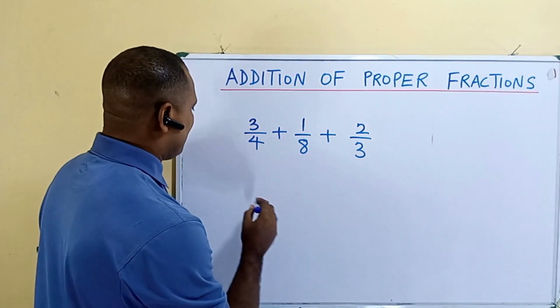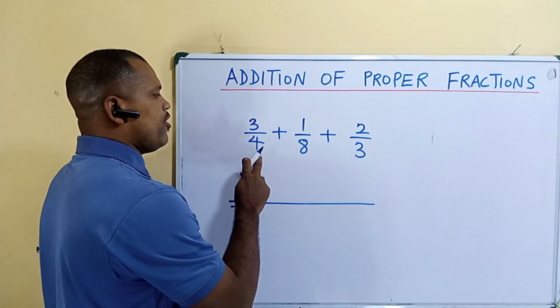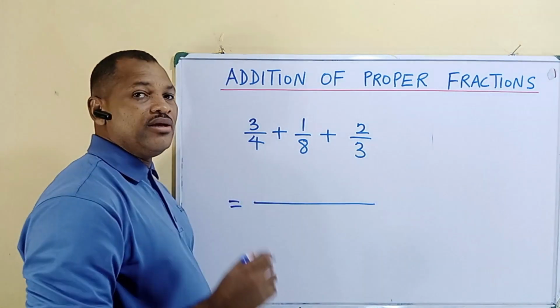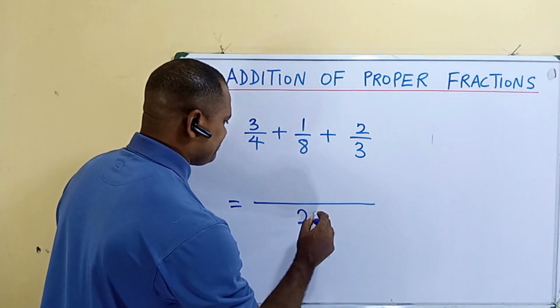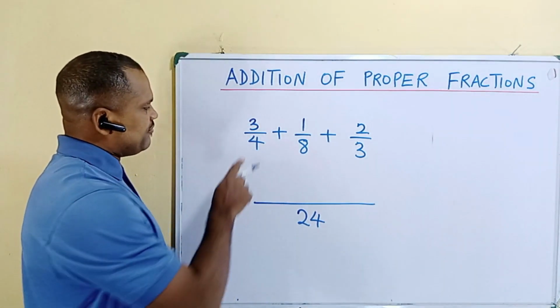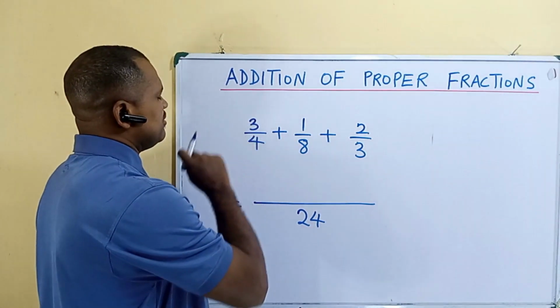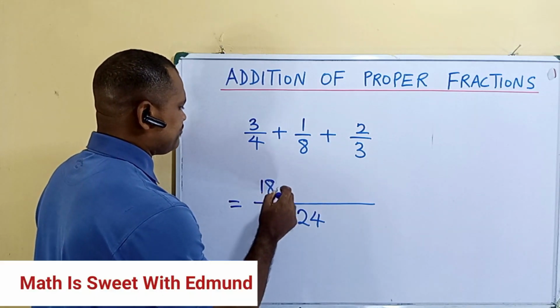So let's go ahead and find the LCM. The LCM of 4, 8, and 3 will give you 24. Having done that, the next step is 4 into 24 is 6. 6 times 3 is 18.